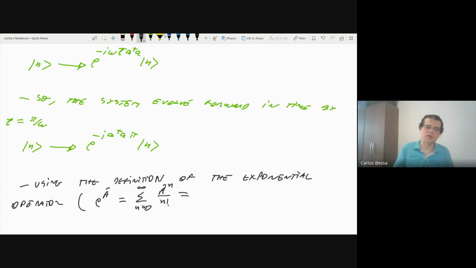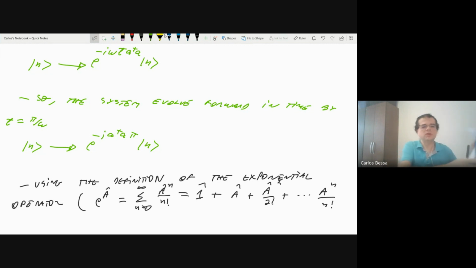So this will be the identity plus A plus A squared over 2 factorial plus up to A to the n over n factorial. Okay?